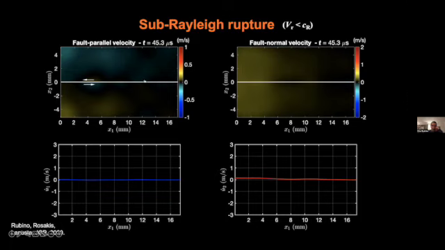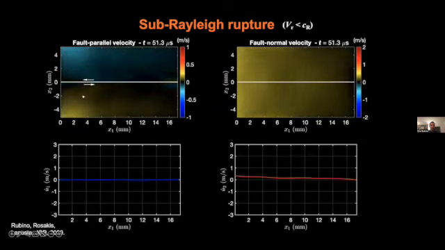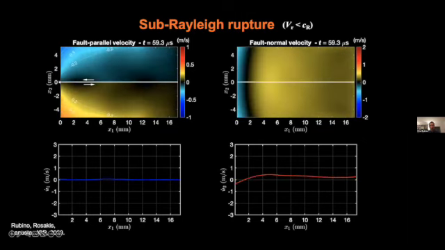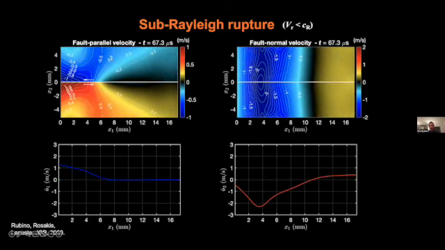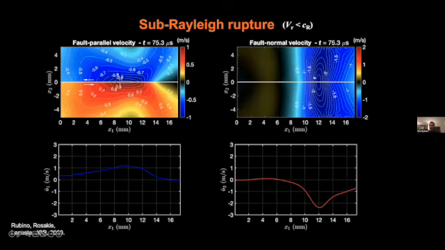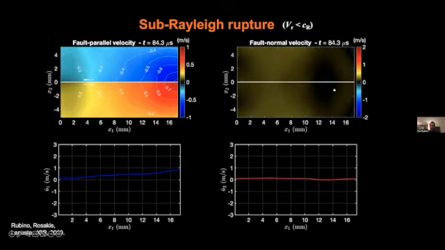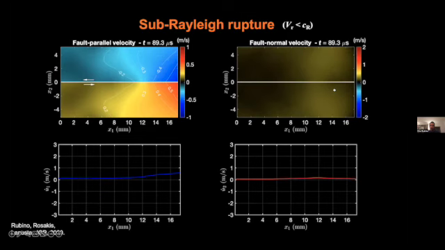And so black means no motion, and then we have red and blue in the opposite directions. And in the bottom panels, we have the same quantities reported right on the interface. So you can see that as the rupture enters the field of view from the left-hand side, we have some compressional and dilatational fields. At the same time, there is also a motion in the direction perpendicular to the interface.